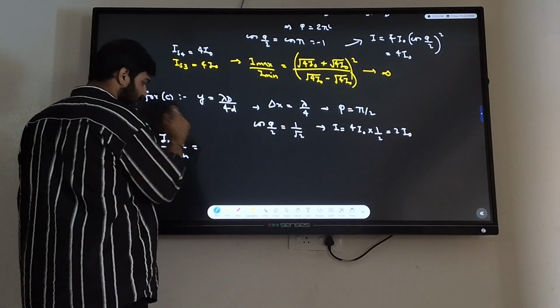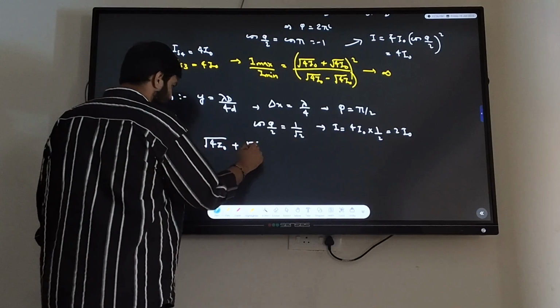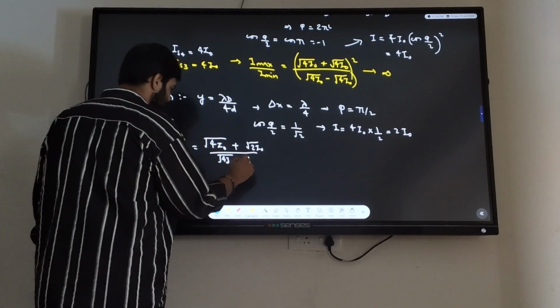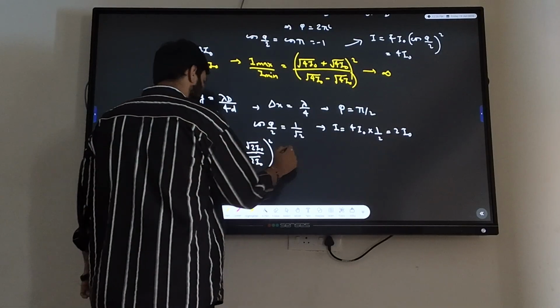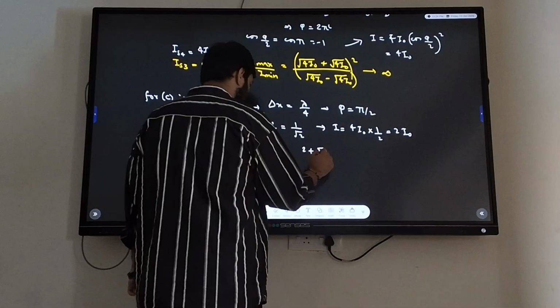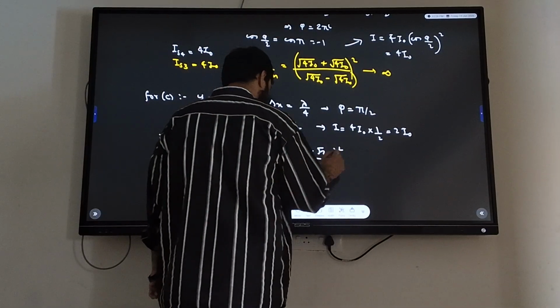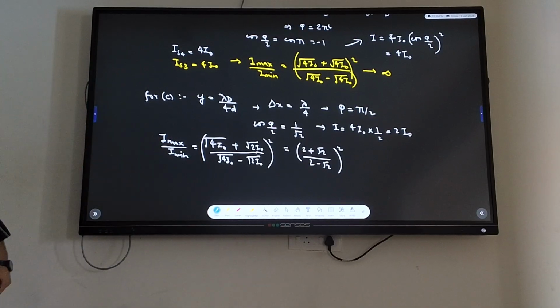That will be something like 4 I naught root plus root 2 I naught divided by 4 I naught root minus root 2 I naught, whole square. This will come out to be 2 plus root 2 divided by 2 minus root 2, whole square. And now you do some simplifications.